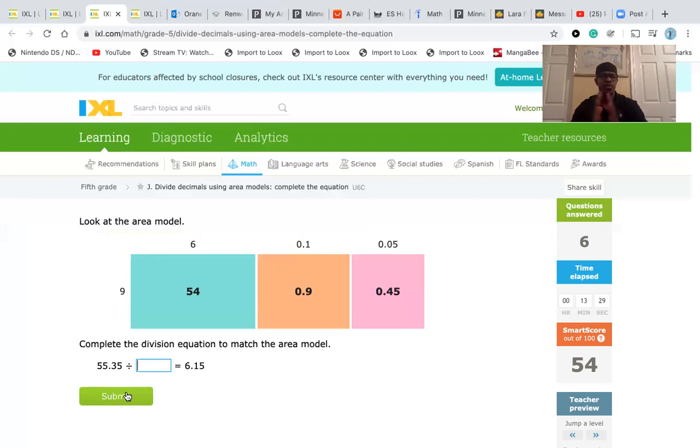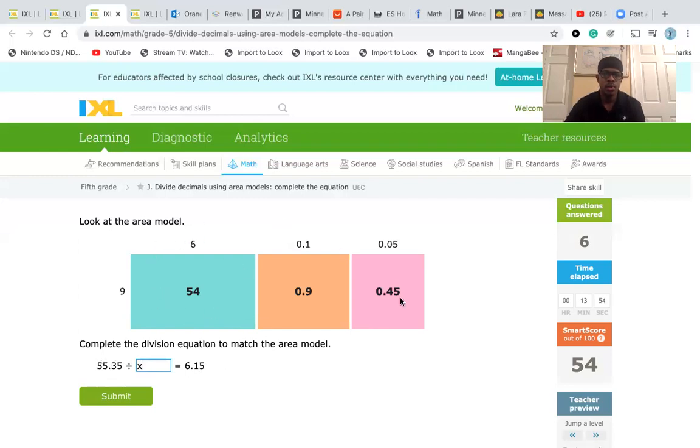So we have 55.35 divided by blank, or x, equals 6.15. So we know that 6.15 multiplied by something equals 55.35. 6.15 multiplied by the unknown is equal to 55.35.